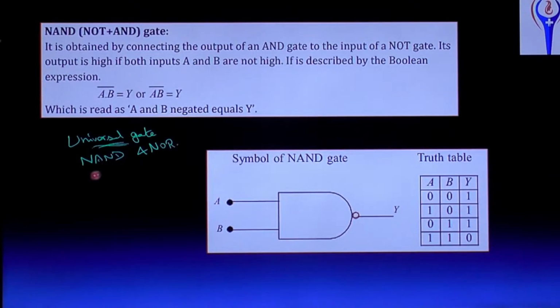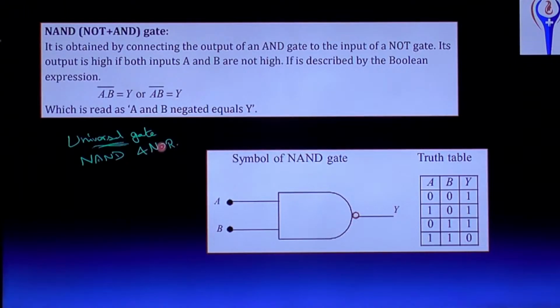And this is a famous, repeated question: why are NAND and NOR called universal gates? Why are the NAND gate and NOR gate called universal gates? Using a NAND or NOR gate, it is possible to construct all the gates.